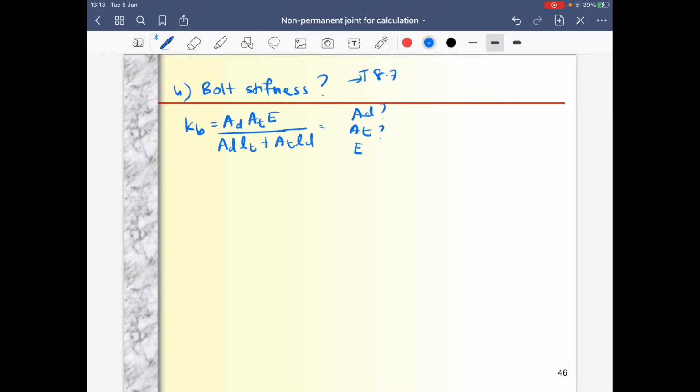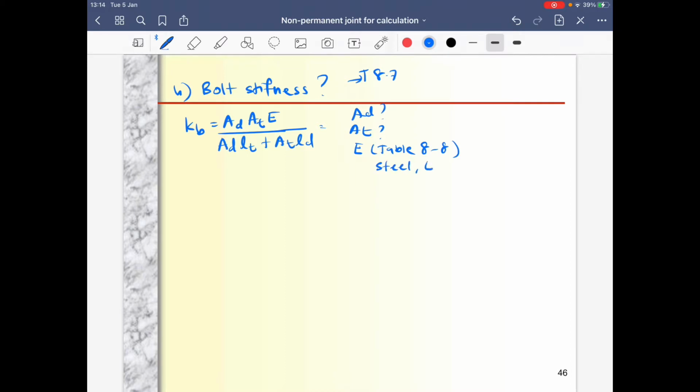Okay, so now E, is it given in the question or not? It is not given in the question. It only tells us the bolt is M10 times 1.5. So what do we use? You can refer to table 8.8 in the textbook. And usually for a bolt it is steel.